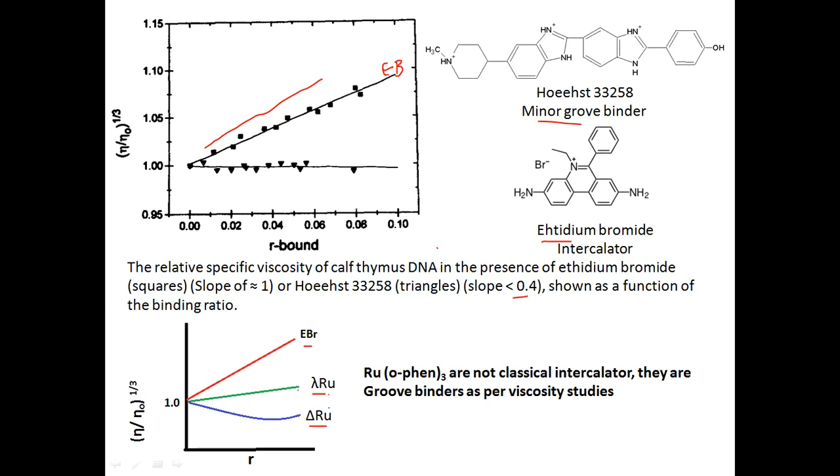They are basically groove binders, which can be explained from the viscosity measurements. So the viscosity experiment is a helpful experimental method to determine whether ligands that bind to DNA have an intercalative or a non-intercalative mode of binding.